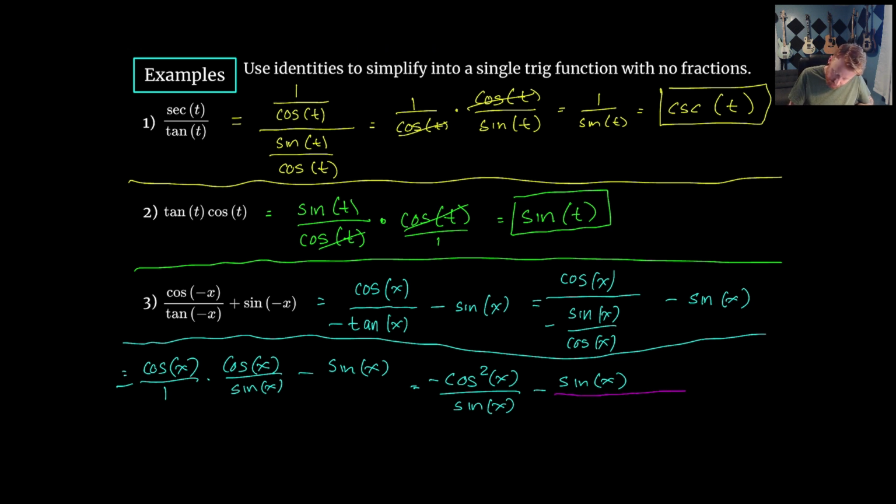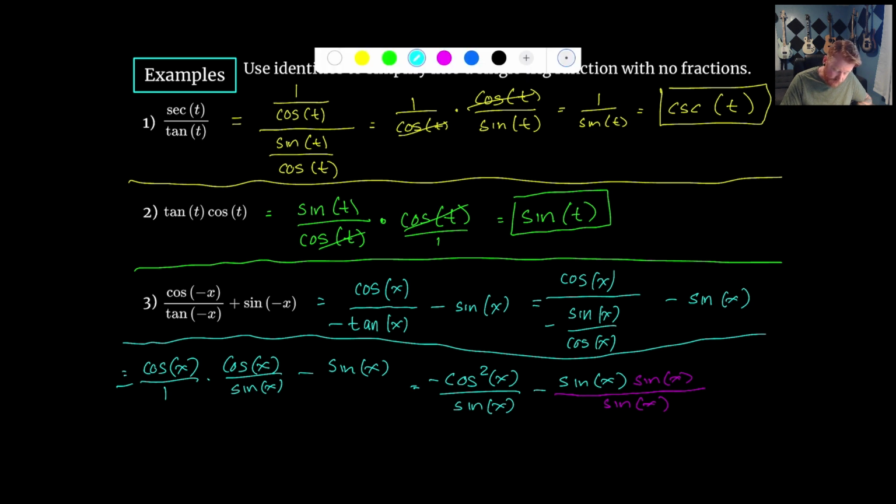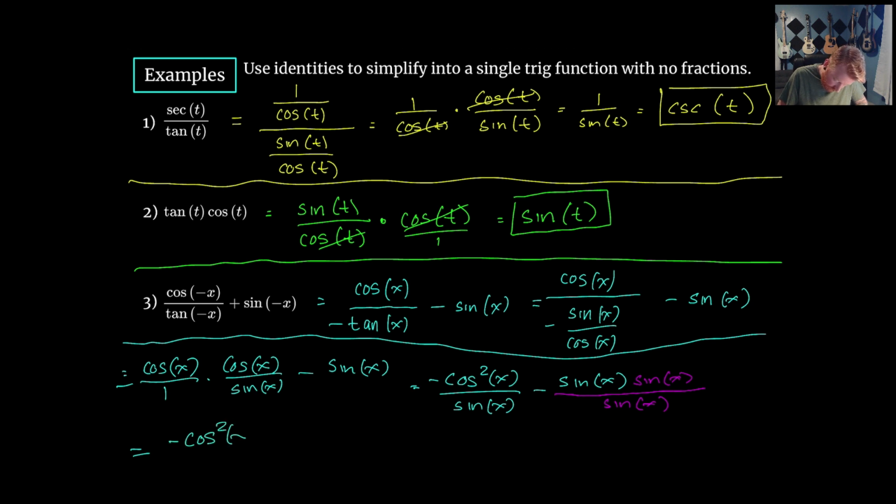I'm going to throw in my funky form of 1, and that looks like sine x over sine x. Notice that everything I just wrote in purple there is all just 1, and I'm doing that so I can get a common denominator. So in my next step, I should have the negative cosine squared x minus the sine squared of x all over the sine of x.